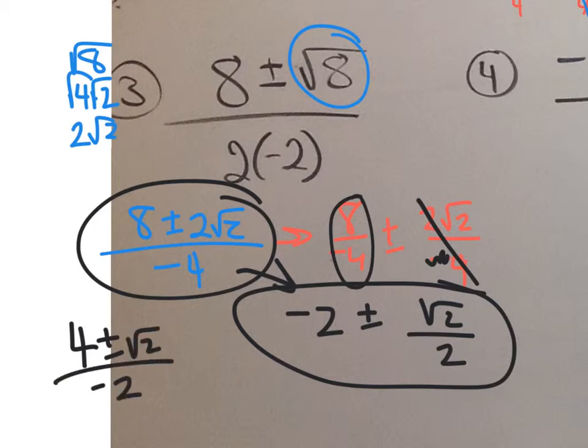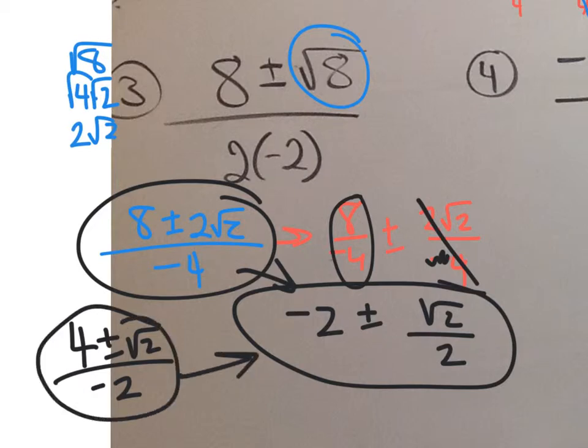But see, that's still not as nice as that guy over there, especially because you still have a minus in the denominator. So I guess the best route is to split your denominator into each term, the way we did right here, and then go to your final answer right there.